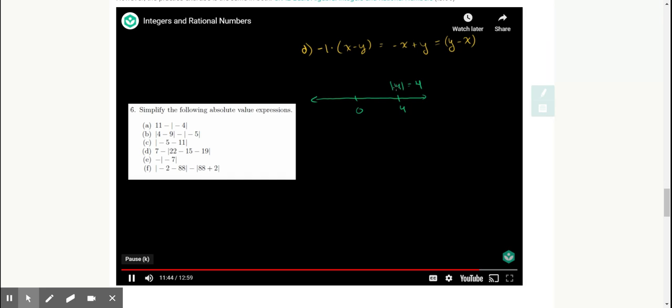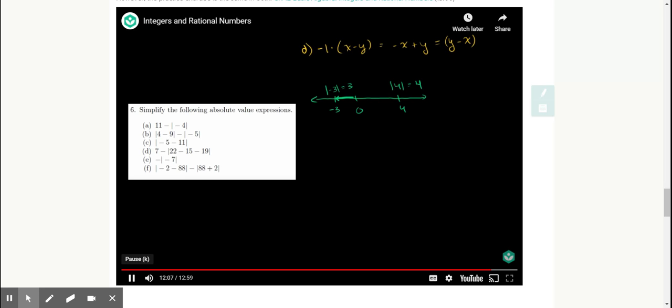So the absolute value of positive numbers is just the number. And then let's say I had -3. How far is -3 from 0? Well, I don't care whether it's to the left or the right of 0. It's just 3 away from 0. It's 3 to the left, so this is going to be 3. So one way to think about absolute value is whether it's positive or negative, it becomes positive. It's that far from 0.